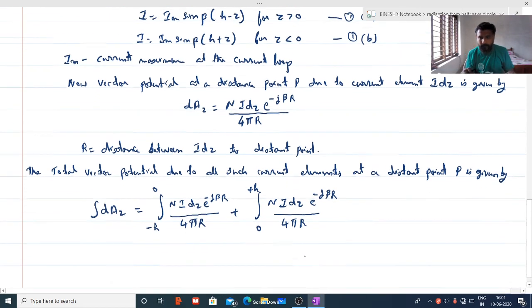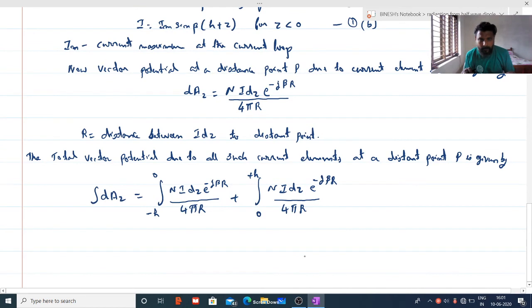I can take mu by 4 pi outside. I is nothing but Im sin beta into h plus z and sin beta into h minus z, like that I had taken.